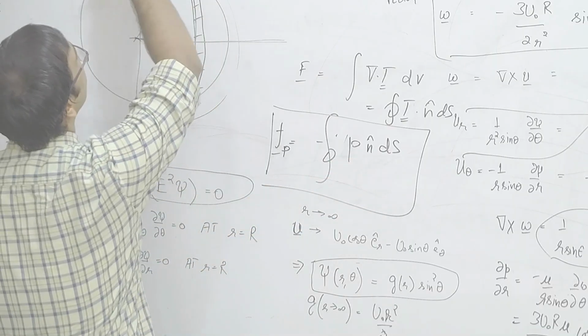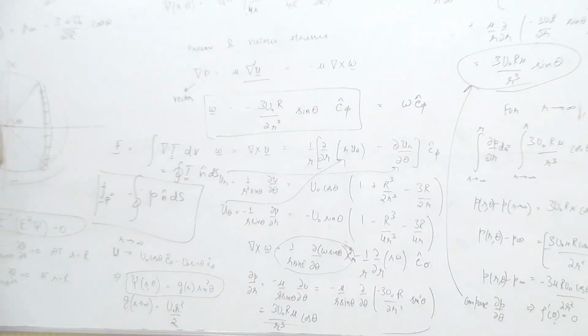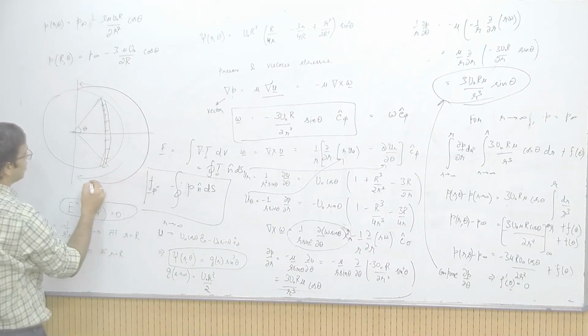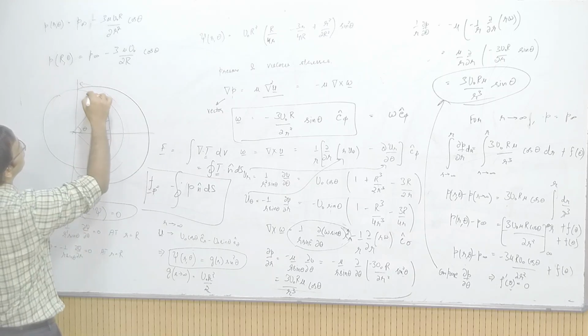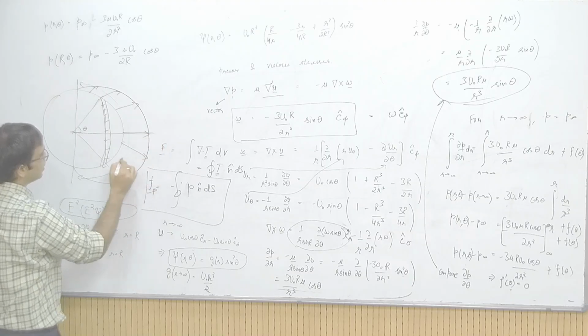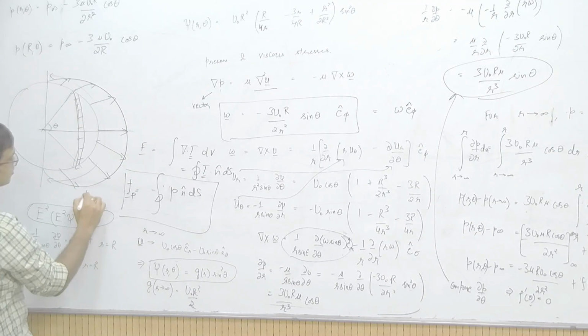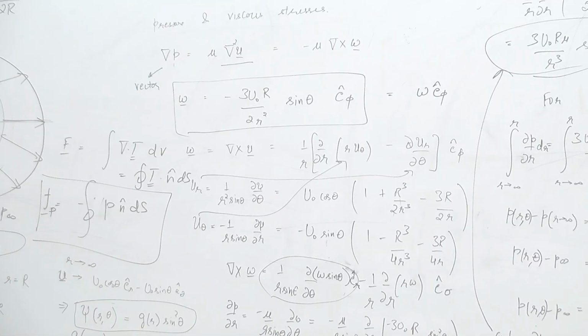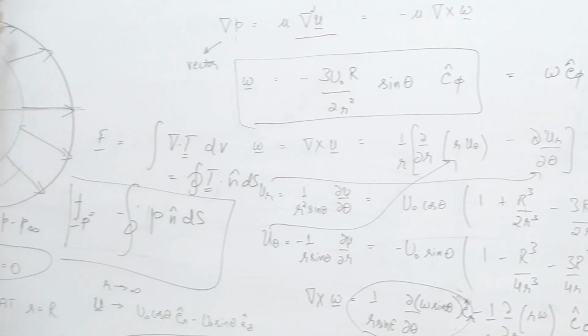Since pressure here is less than P infinity, you will see the variation of pressure compared to infinity something like this. Here I am plotting P minus P infinity, which is negative.